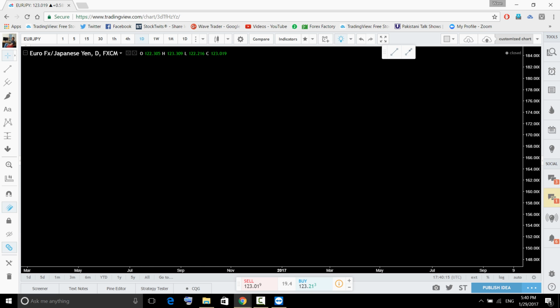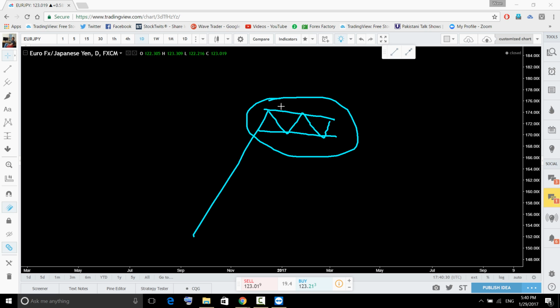Okay, impulse, and we are experiencing this pattern. Okay, here is the price, and this pattern is giving an indication for continuation. All right, for upside, the place we need to watch is this.